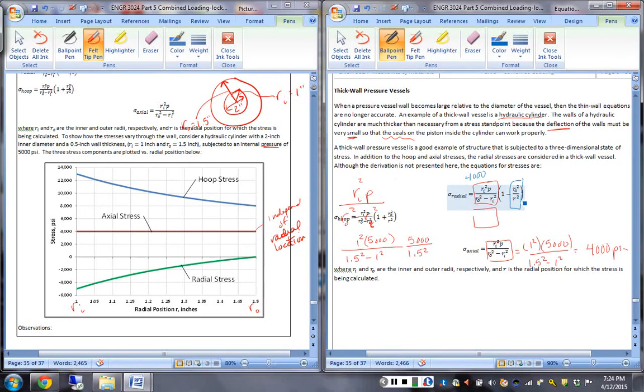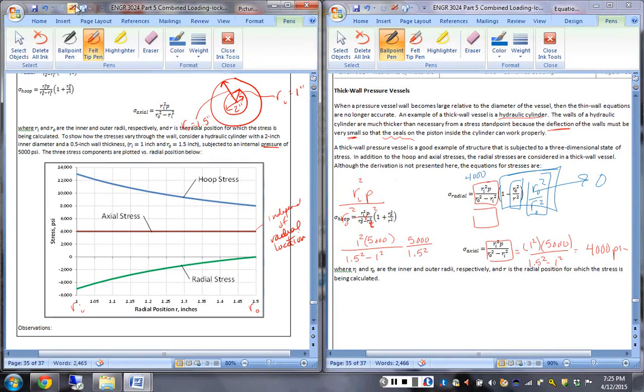So at the outer radius, r_o over r_o tends to 1, and so this second term tends to 0. And if we look at our plot, that is in fact what we see: we go from a value tending upward and ending up at 0.